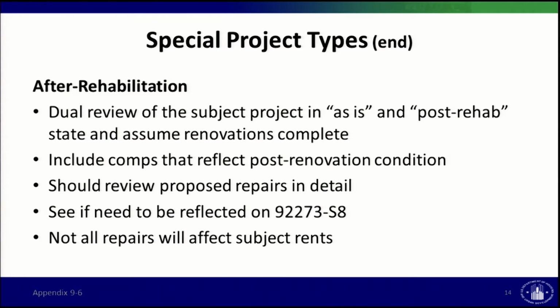The appraiser should review proposed repairs and find not only comps that reflect the current condition of the project, but also those that reflect the post-renovation condition. The appraiser should also see if any adjustment needs to be reflected on the 92273-S8, that's the form, the rent grid, in the sections on year built, year renovated, condition, or street appeal. Please remember that not all repairs will have an impact on rents.